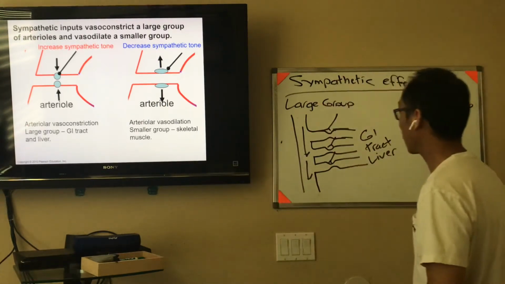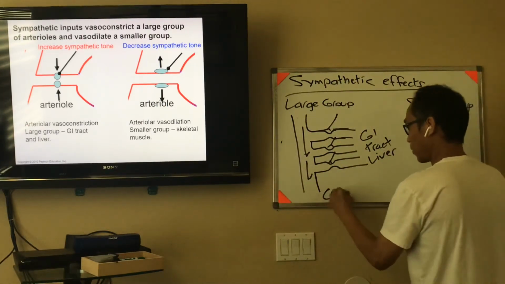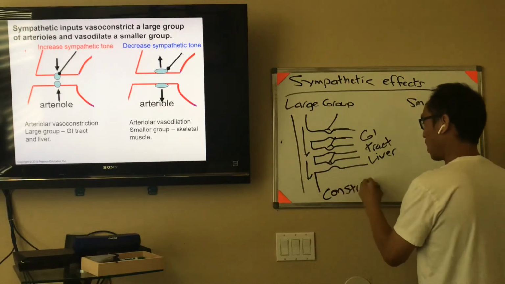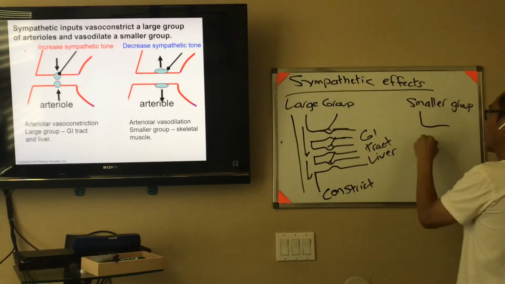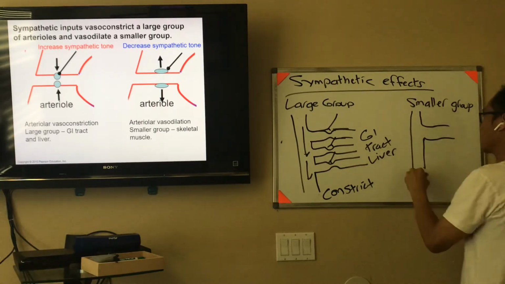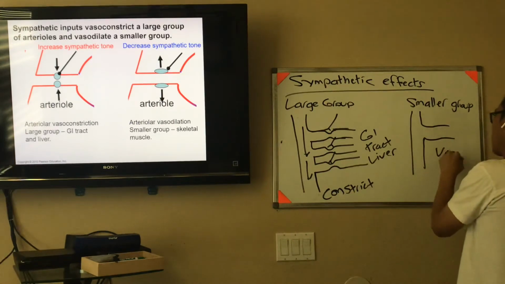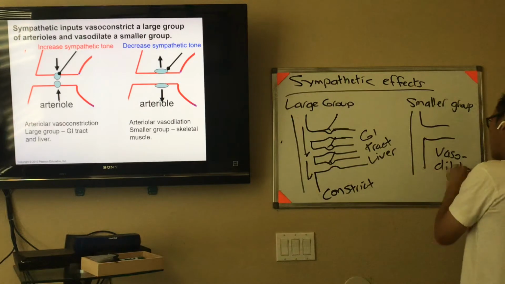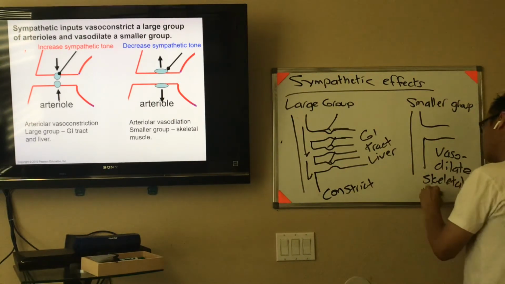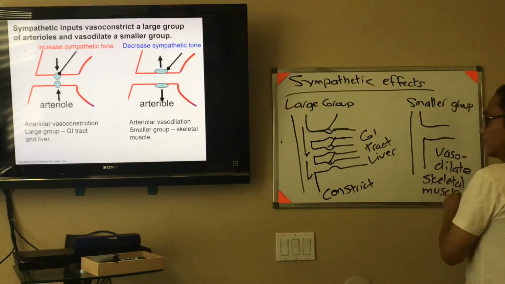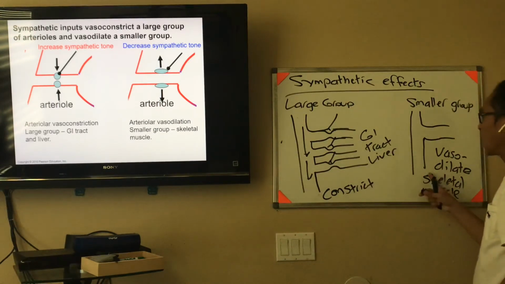So you vasodilate here, so you constrict here, but then a smaller group, I'll just draw the blood vessel bigger. And this will happen at the skeletal muscle. So you constrict, you dilate.